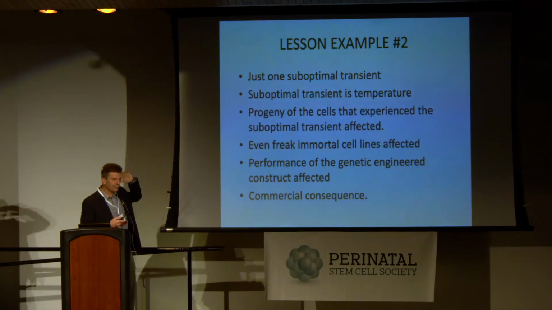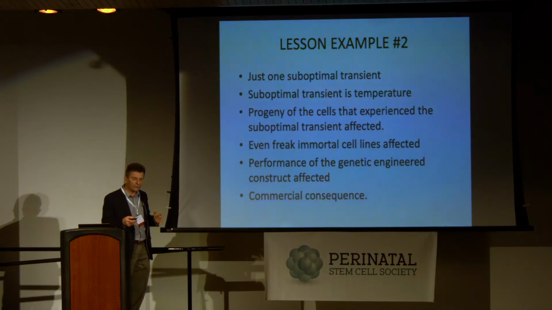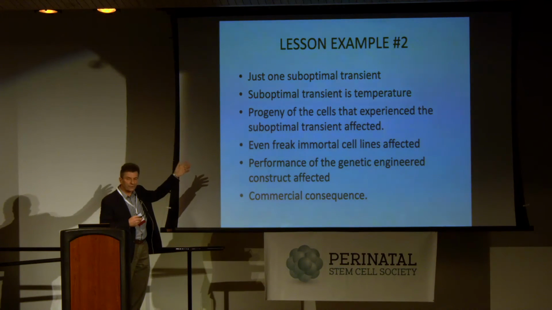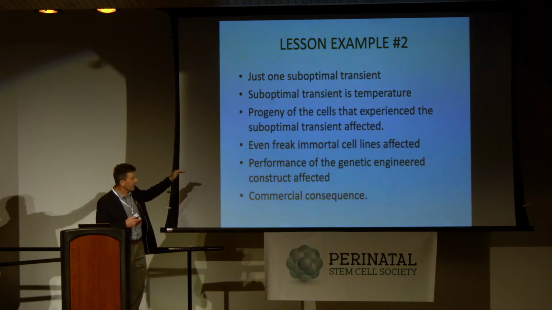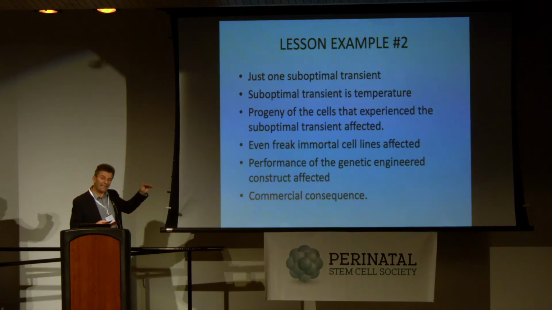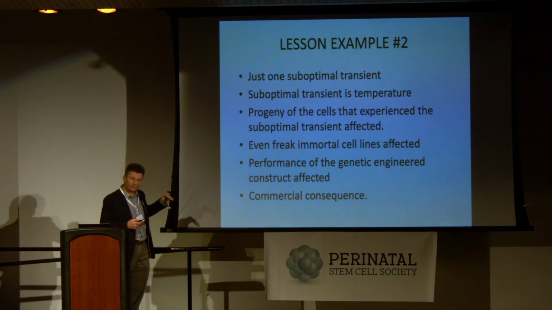So it's not just these early passage cells we're using for cell therapy that we want to retain, these are the very strange, unnatural cells, that it's kind of surprising. Another significant lesson here is what was affected. It was the genetically engineered phenotype that was affected.